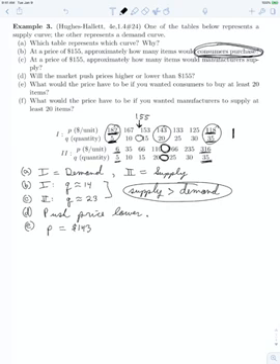In part B, we started with the price and then read the quantity Q, and now we're starting with the Q and reading backwards to get the price. And in part F, what price would have to be if you wanted manufacturers to supply at least 20 items? So again, supply is table 2. We look at 20 items, and the price would be 110. So again, we're just reading the table backwards.